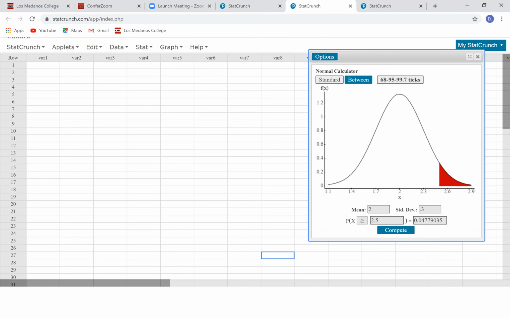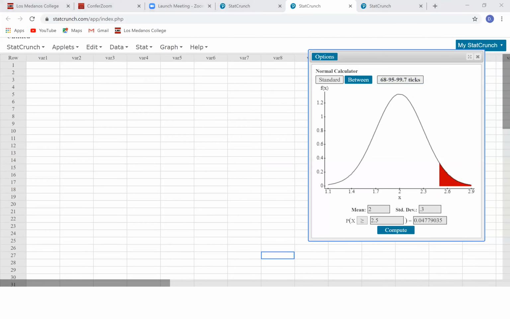This portion already gave us the answer. In the probability row it's 0.04779, or 0.047, or 0.05. So we can say that's 5%.